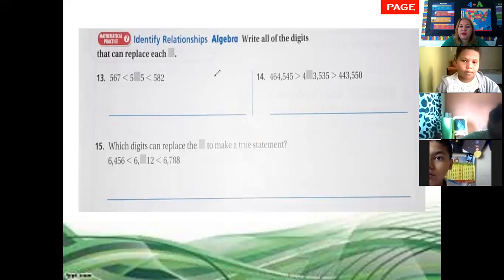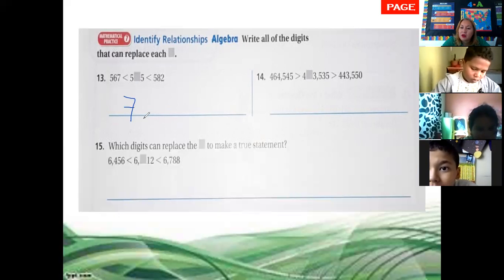Okay, so it couldn't be 0. What about 1? 567 is less than 515? No. Now, what number do you think goes there? 7. 7, exactly. So 7 is the answer.